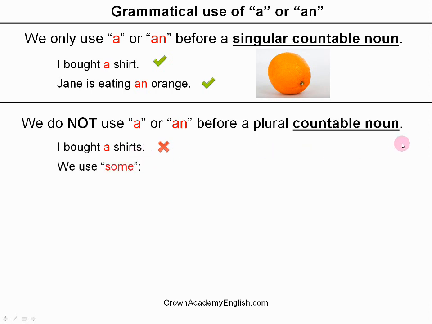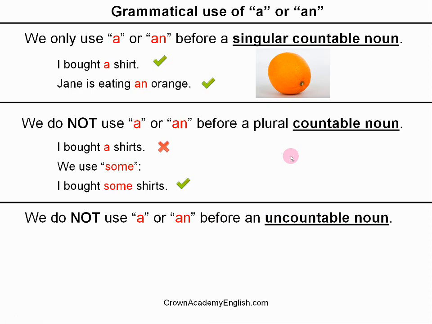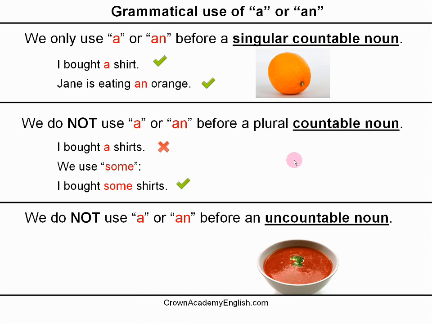So instead, we use some. I bought some shirts. Also, we do not use a or an before an uncountable noun. Example: Mark is eating a soup.